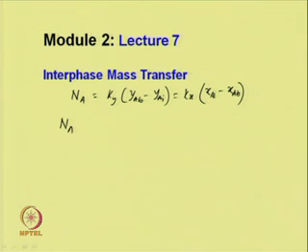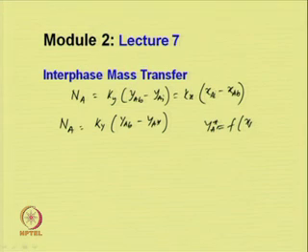So, N A will be capital K y into y A B minus y A star, where y A star is in equilibrium with x A B, and K y is the overall mass transfer coefficient.